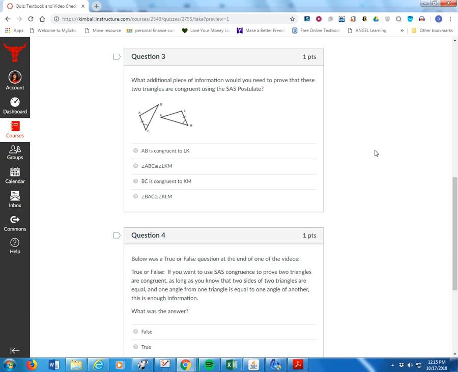We're given one side and an angle. What other piece do we need to prove that these two triangles are congruent? Our choices are that AB is congruent to LK. Well, that's not a side that's between, that's on the other side of the angle. Well, we're given the angle, so we need a third side. It's the last one: BC is congruent to KM.